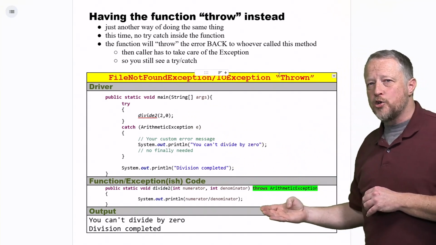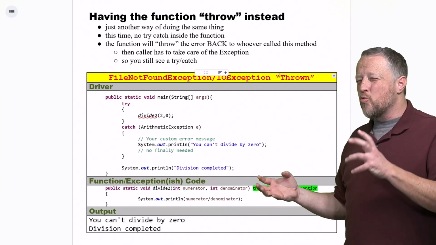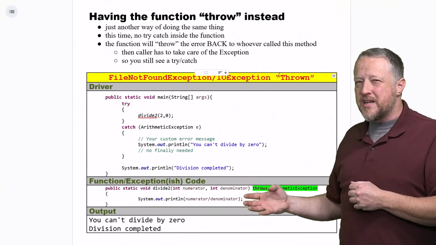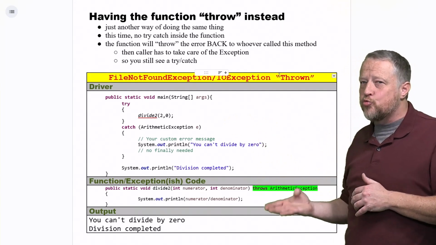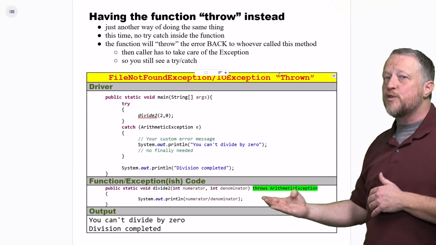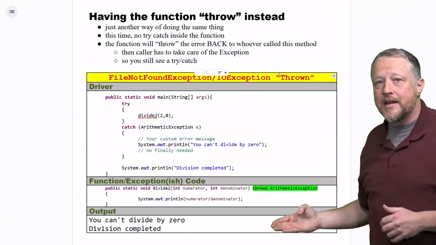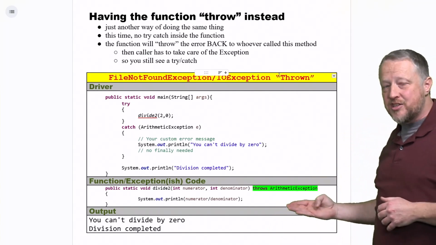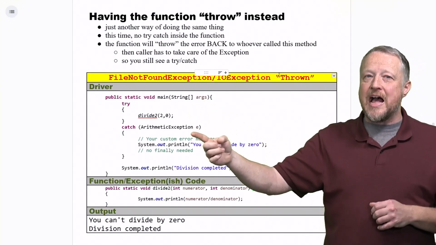But then the function, if there's an error in here, so notice where really the error is being detected. Is it in try? Kind of, but it's really here in the function that if something goes wrong, this function will literally throw back an arithmetic exception, which then after the try, because we know that can blow up, that'll be caught here in the catch.